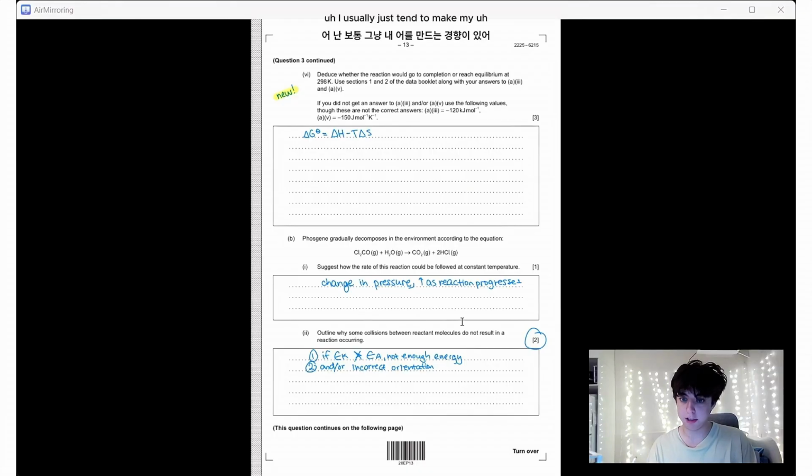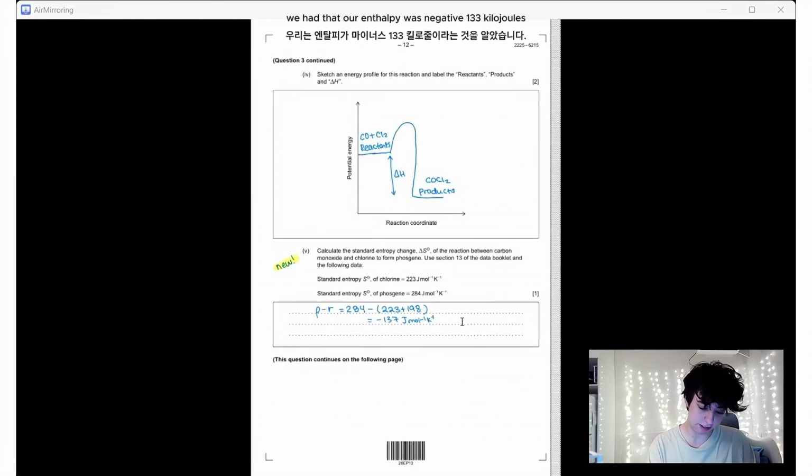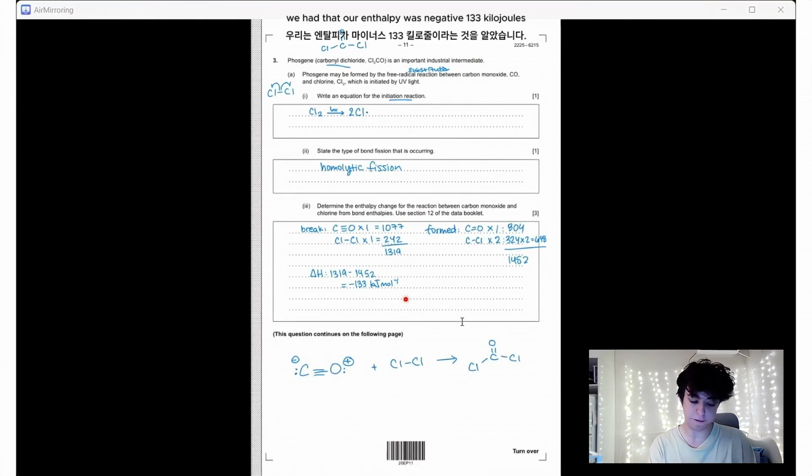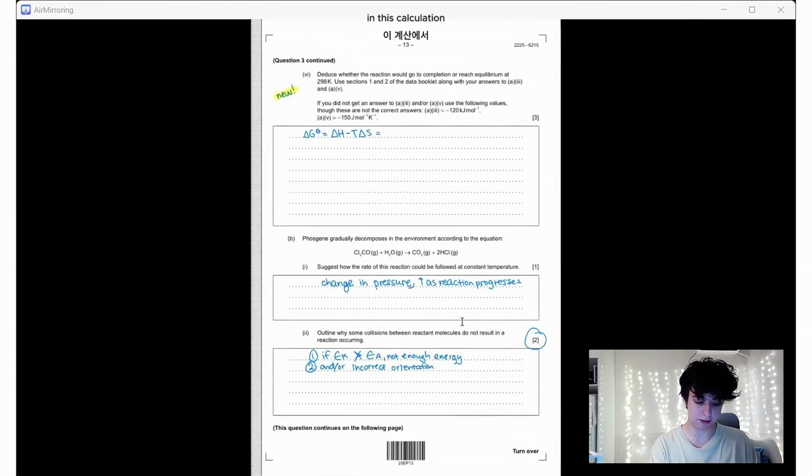I usually just tend to make my enthalpy match the entropy, so it's in joules. From part 3, we had that our enthalpy was negative 133 kilojoules. We're just going to convert it to joules in this calculation.